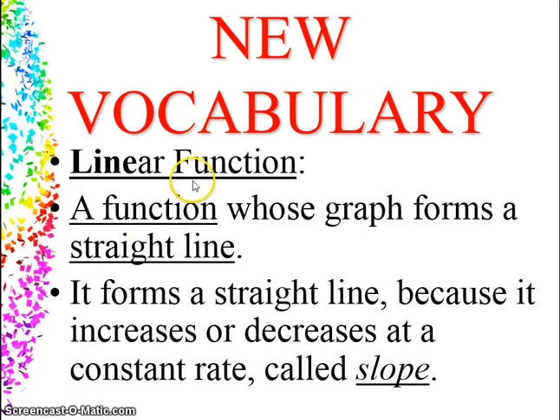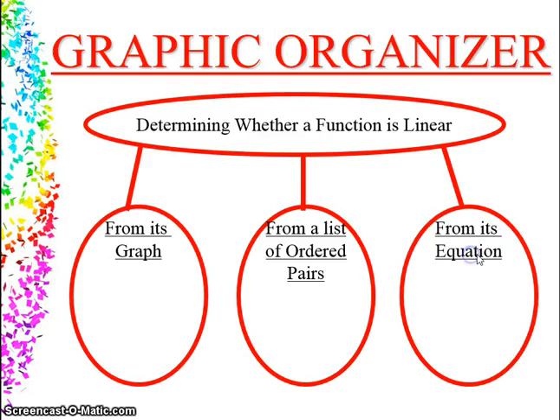Now, a linear function forms a straight line because it increases or decreases at a constant rate, which we will learn is called slope. In the previous unit, we just called it a constant rate of change. Now we're putting a word with it called slope, and that's the vocabulary term that describes a constant rate of change.